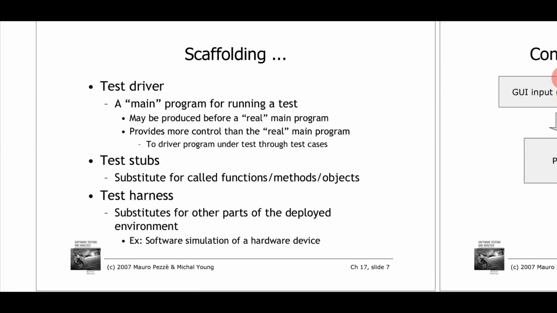Since it's a scaffolding structure, it supports the code and controls the entire program more than the real main program. I mean to say, the test driver is considered a powerful main program.